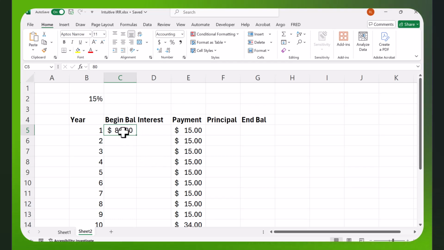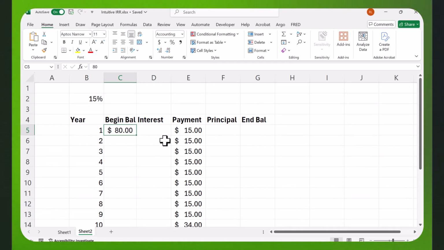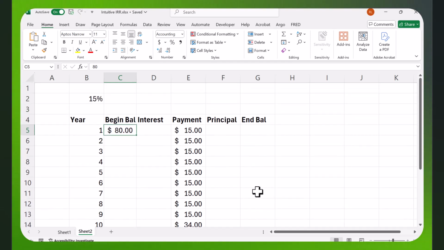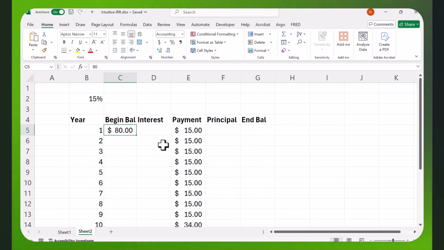Say I borrowed $80 and I'm going to get these payments or these cash flows. And if I have the right interest rate here, the ending balance is going to be about zero. So that is, I've borrowed this amount, I receive these cash flows, and this is going to pay off the loan based on the interest rate.